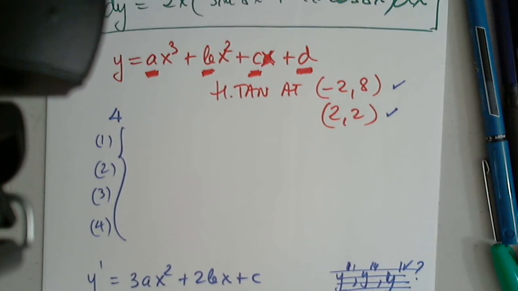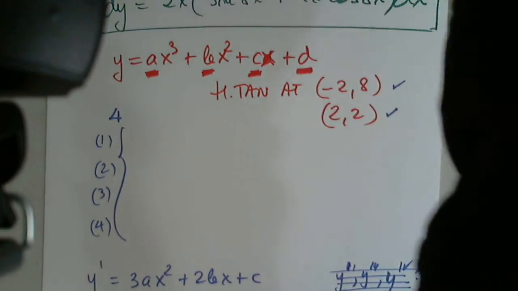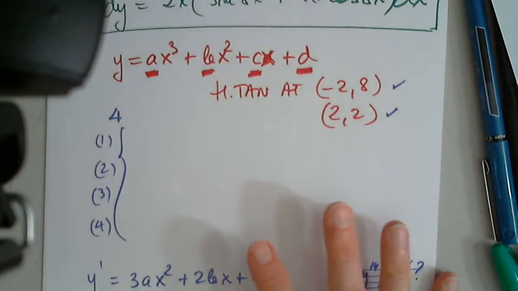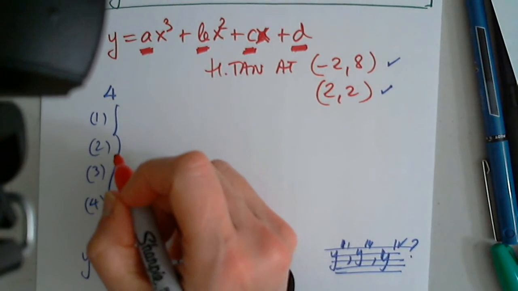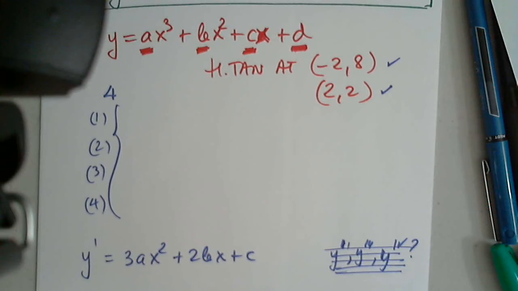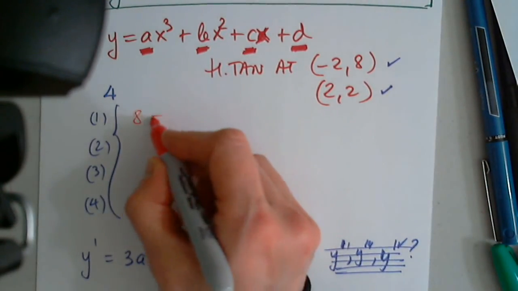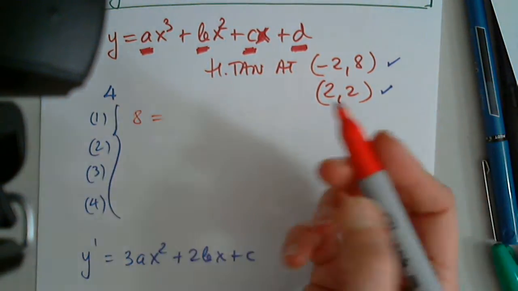What are the obvious equations? Would two of the equations be where y is the y? Of course, the points are on the graph. Absolutely.